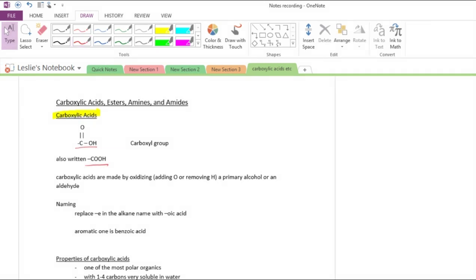So, carboxylic acids are made by oxidizing a primary alcohol. And remember, a primary alcohol was an alcohol that had a carbon that was only attached to one other carbon, or an aldehyde.